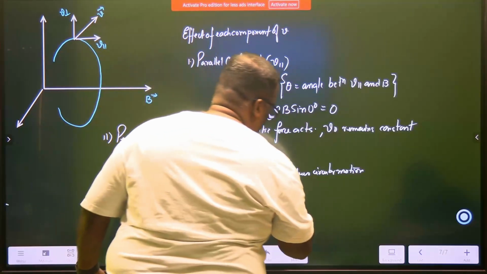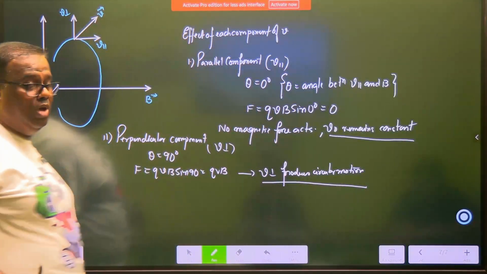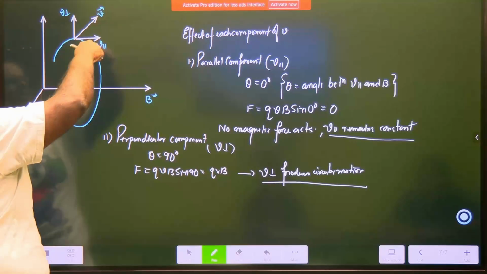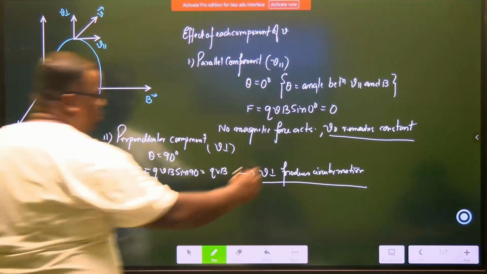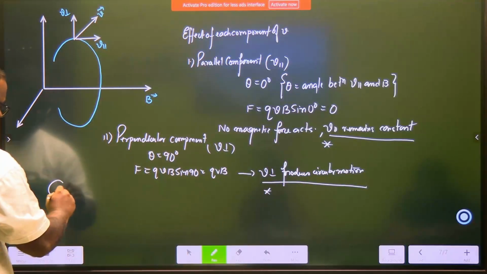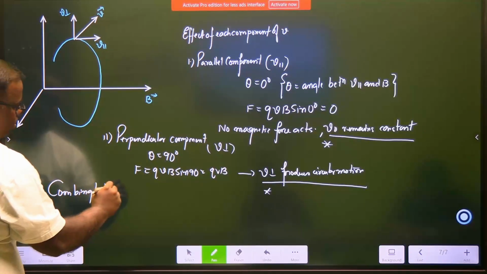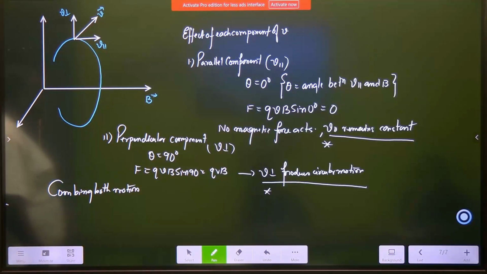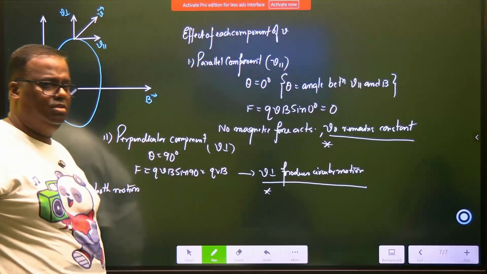Now we'll see these two. You have a velocity component which is going to create circular motion. This component remains unchanged. Now, if I combine both motions, just think in your mind: something is moving in a circle and yet you are pulling it.